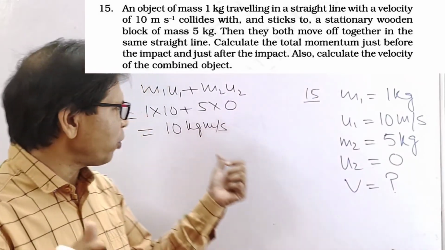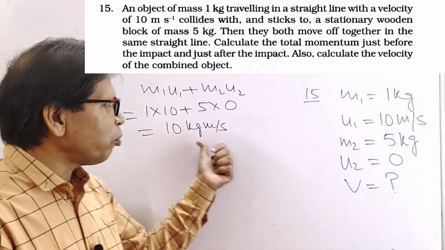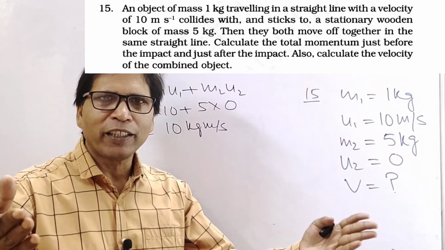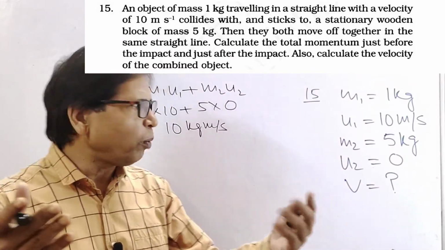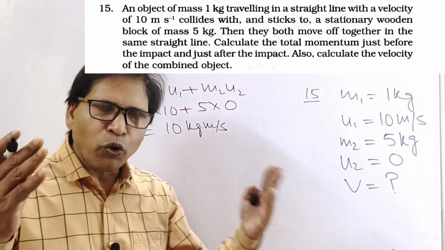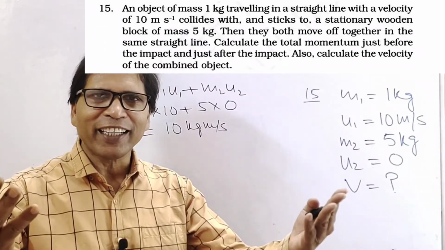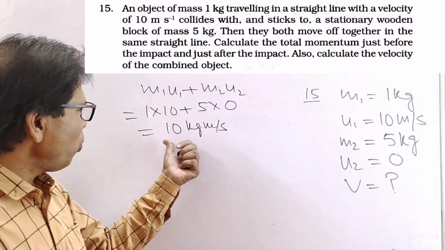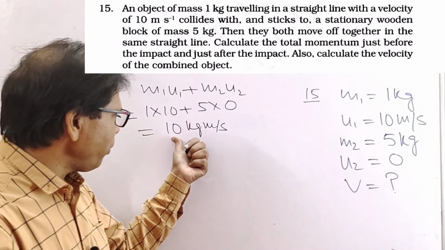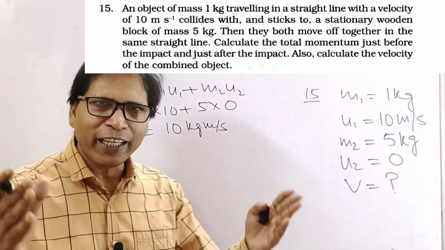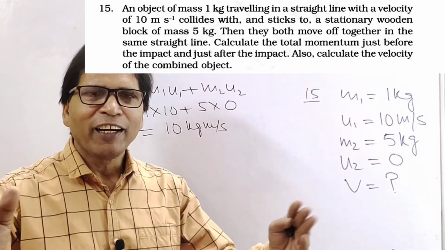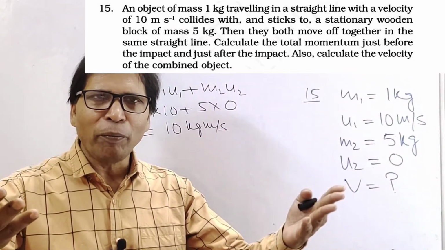Now we have to calculate the total linear momentum after impact. From the principle of conservation of linear momentum, the total linear momentum before impact and after impact are the same. So total linear momentum after impact is also 10 kg meter per second. Now what will be the velocity of the combined mass?